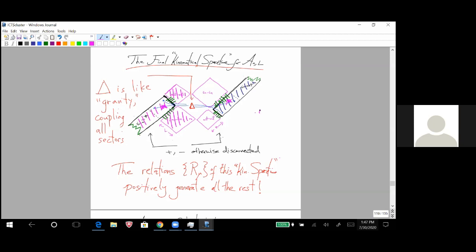And the answer is the same. This kinematical spacetime, and the relations we see in it, including these funny ones that glue the different regions together, as well as the ones involving delta, are actually the basis generating set for all of them.